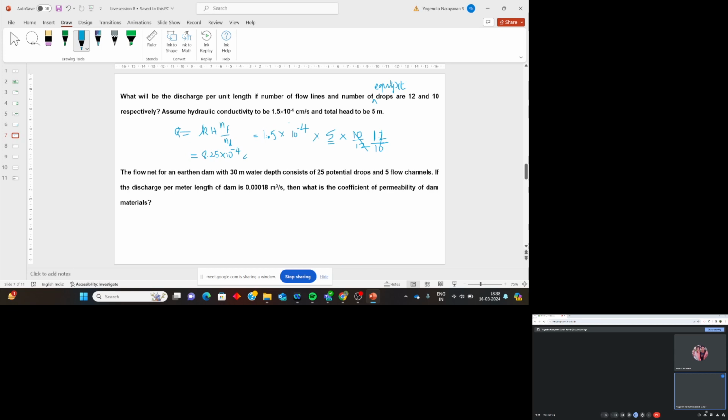This is 5 meter, na? 10 to the power of minus 6 meter cube per second. 1.5 into 10 to the power of minus 6 meter cube per second. Right?